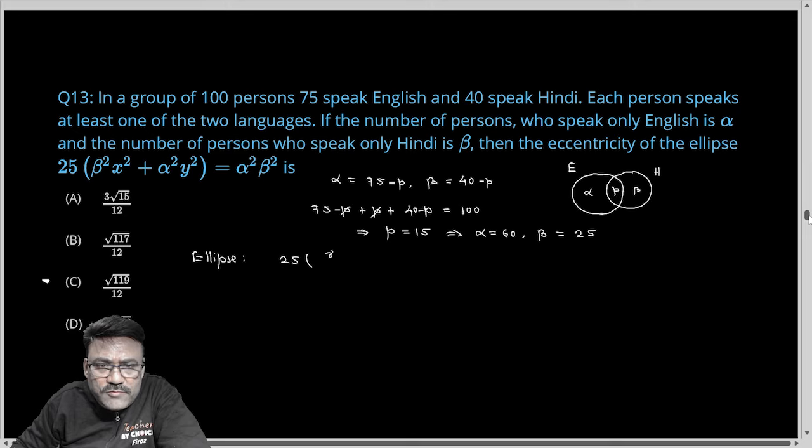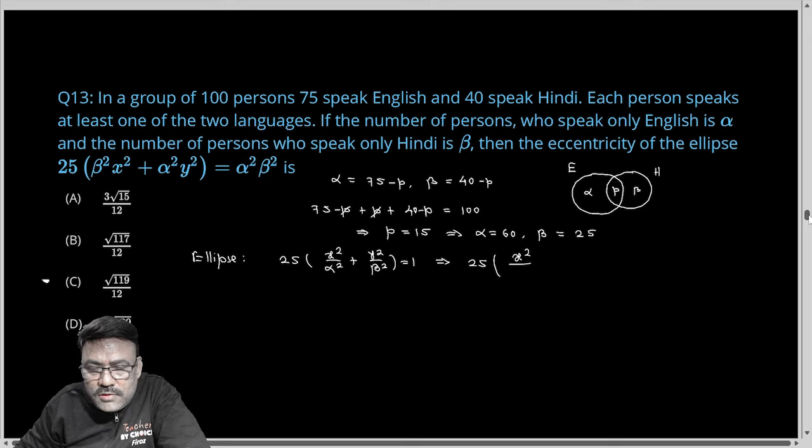So 25 times x square by alpha square plus y square by beta square is 1. It is 25 times x square by 60 square plus y square by beta square, and beta square is 25 square.